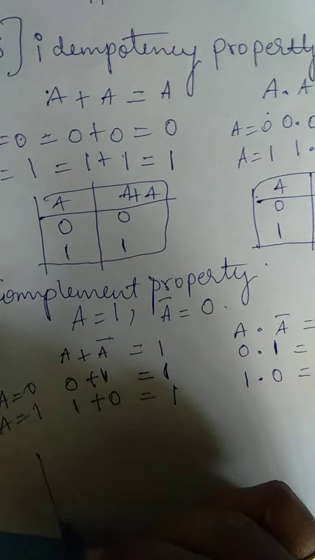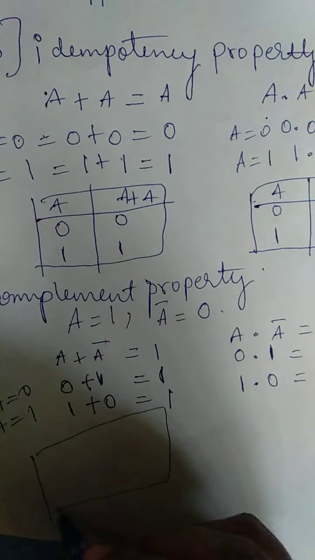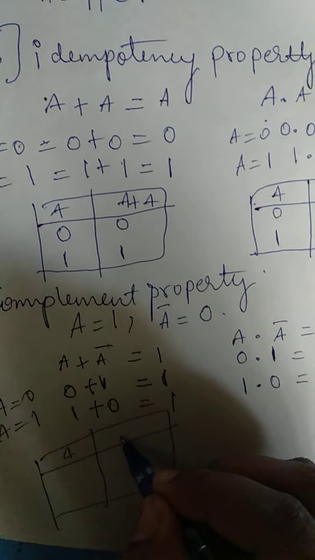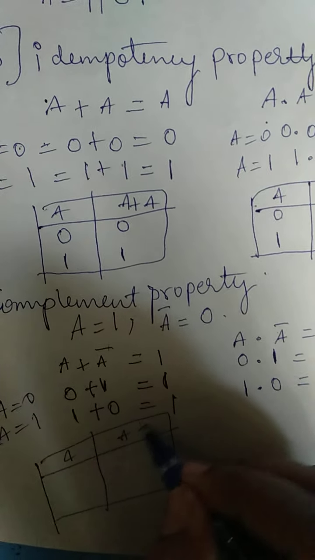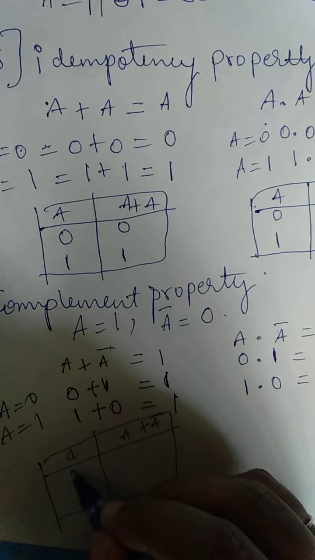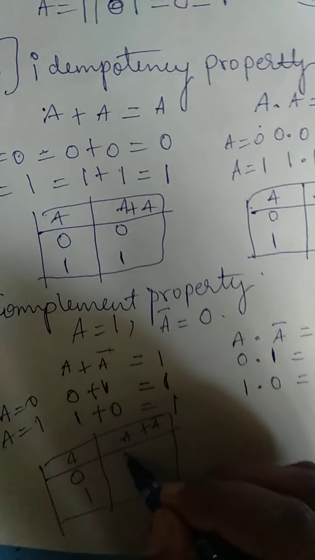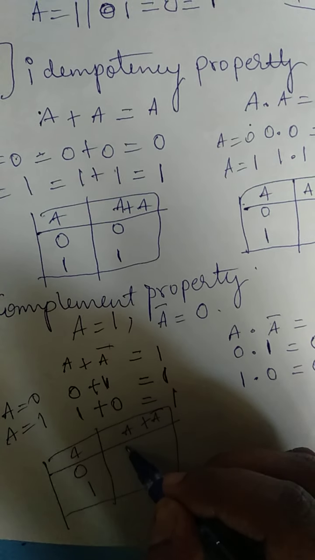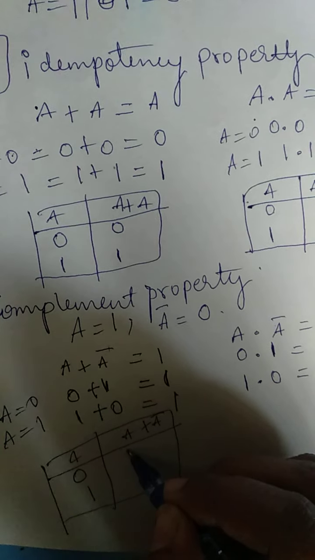So let's see the truth table for both. This is a and this is a plus a bar. So 0, 1. So 0 plus complement of 0, which is 1. So the answer will be 1.